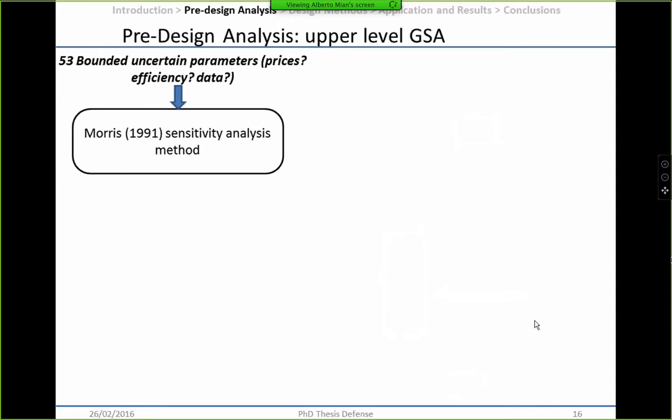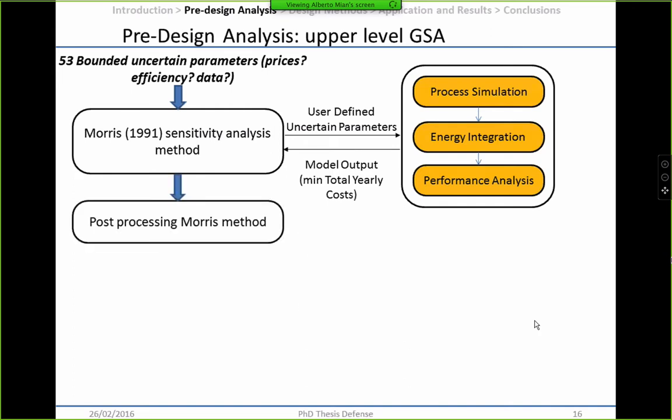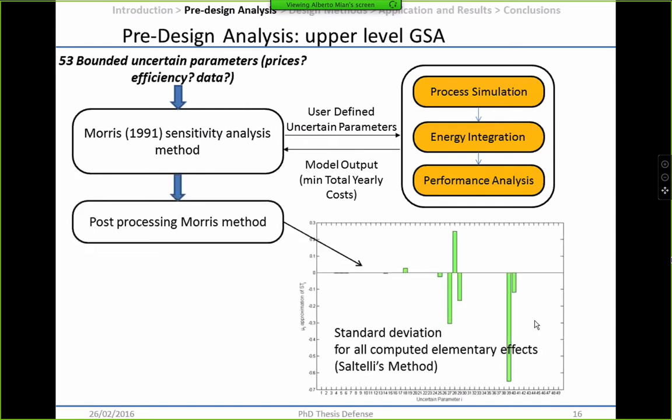By considering the upper level first step, computing the minimum total yearly cost, it was possible to see only those uncertain parameters that are influential with respect to the model output. This allowed us to reduce the number of uncertain parameters from 53 to 7.